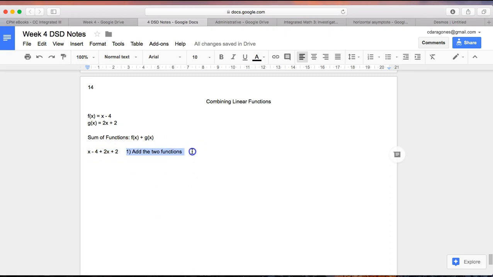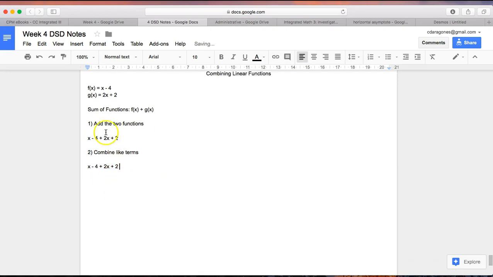Like terms are the terms that are like each other, right? So combine like terms. If I take a look at my two functions, I'm going to highlight the two terms that both have x's.